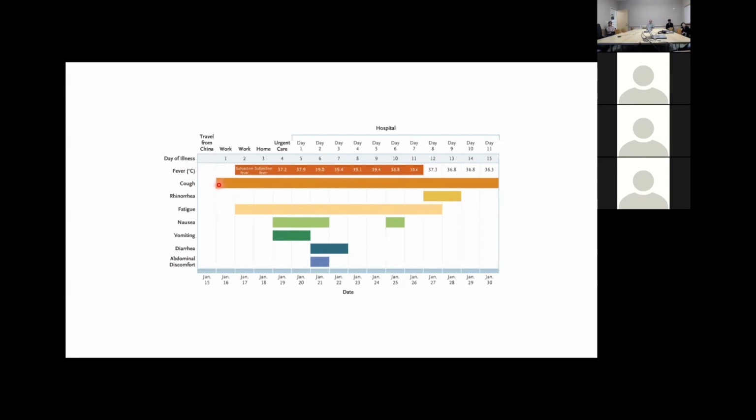The cough lasted for a long time. He did have rhinorrhea, but interestingly, it was not near the onset of symptoms. It came fairly late in the disease course. The patient had fatigue, which is nonspecific, and this person also had gastrointestinal symptoms. So not just respiratory symptoms, but actual nausea, vomiting, and diarrhea.